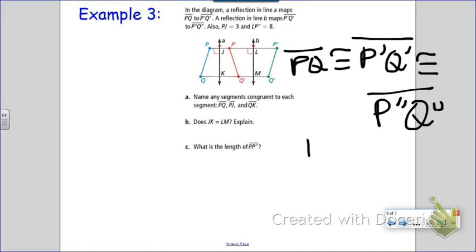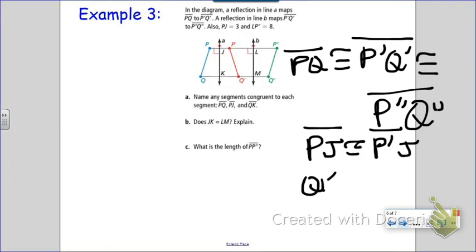We also know that the distance from P to J is congruent to the distance from P prime to J. And we also know the distance from Q to K is congruent to the distance from Q prime to K.